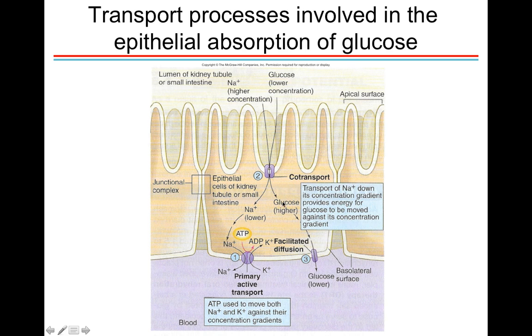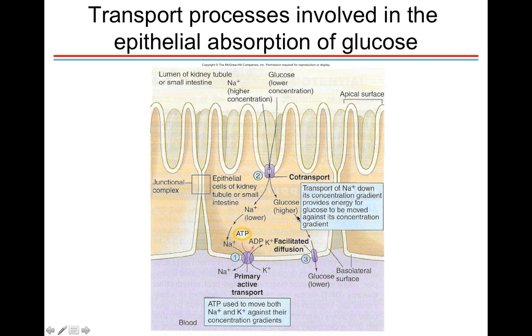So remember, when we're eating a meal, we need to get the glucose molecules from our diet to be circulated throughout our body, right? So yeah, we have all this glucose in our intestinal epithelial cell, but how does it get into the blood to be circulated to tissues and cells in our body that need that energy? So the glucose concentration is higher in the cytoplasm of the epithelial cell and lower in the blood.